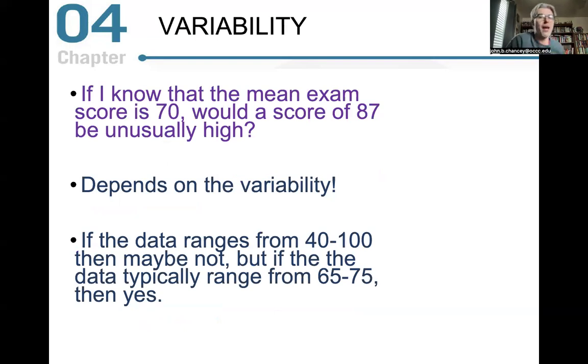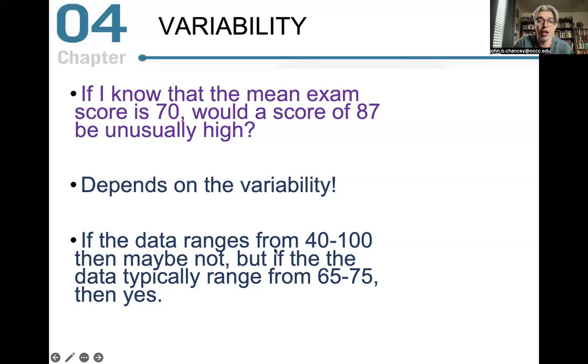So here's a way of thinking about variability, just a thought experiment and why we want to consider variability. If I know that the mean exam score is 70, would an 87 be unusually high? Knowing, okay, 17 points higher than the average. Well, it depends on the variability.